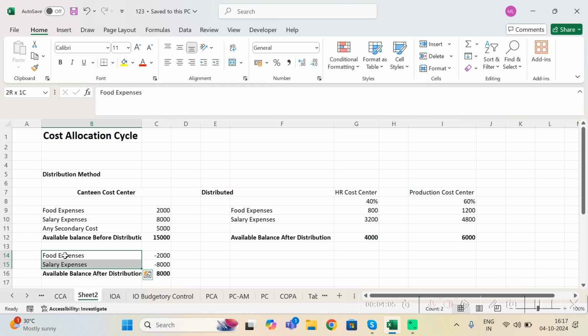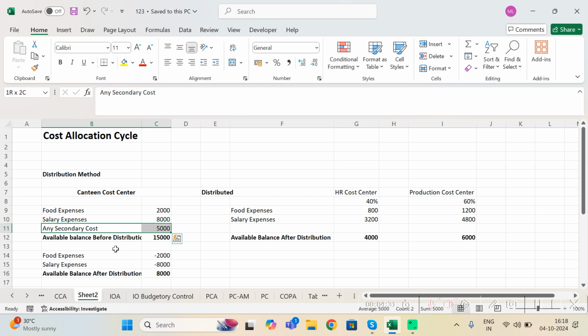But in distribution we have one limitation. Anything posted with a secondary cost element in the sender cost center cannot be distributed. So whatever value is posted by this secondary GL or secondary cost element, with the help of distribution you cannot move this 5000 to the receiver cost center.